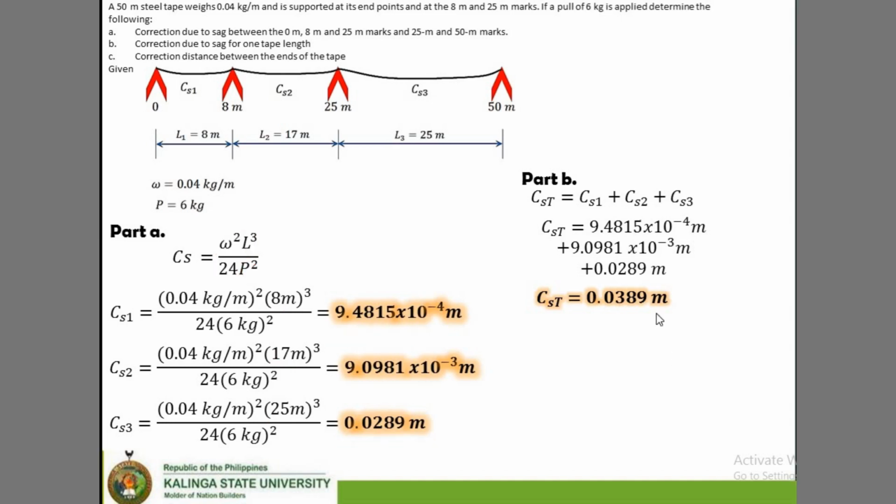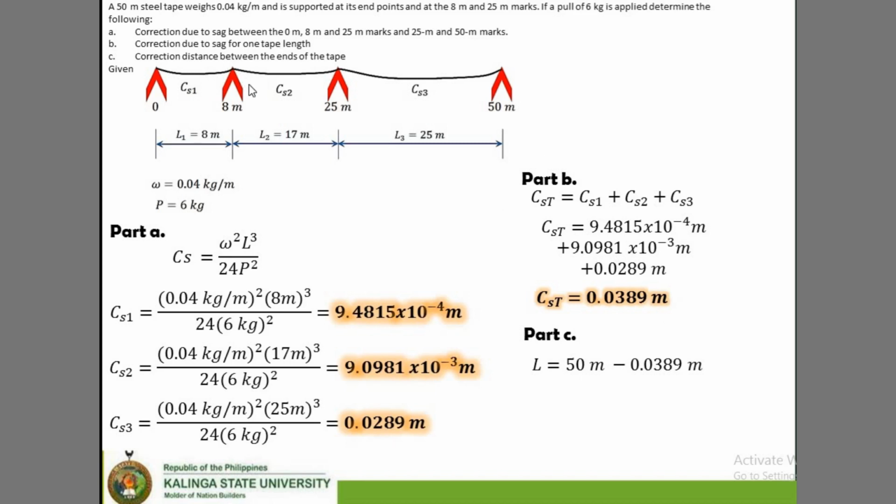And lastly, for letter C, the corrected distance between the ends of the tape. In part C, all we have to do now is take 50 meters and subtract the total correction due to sag. Why do I subtract?